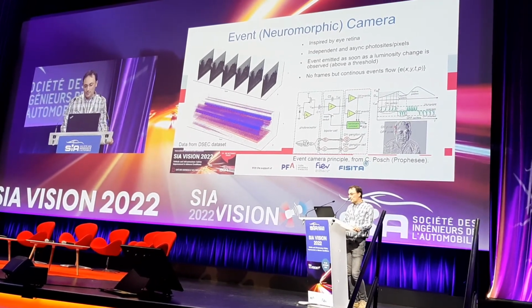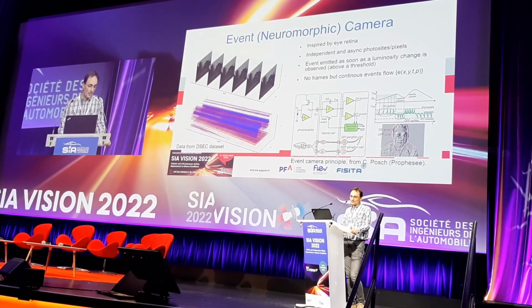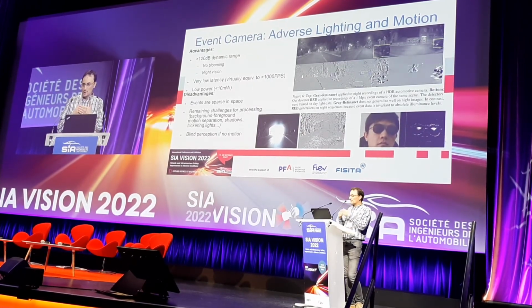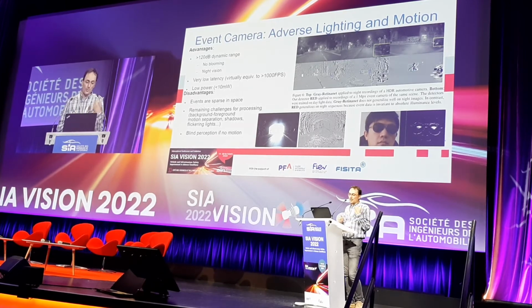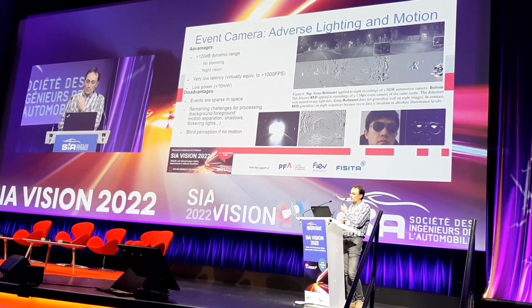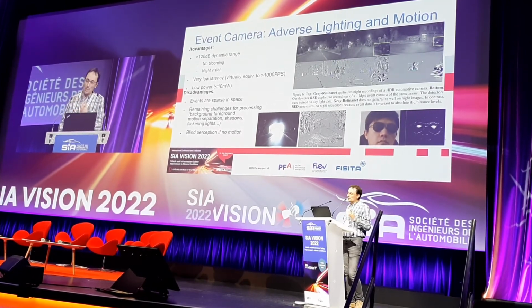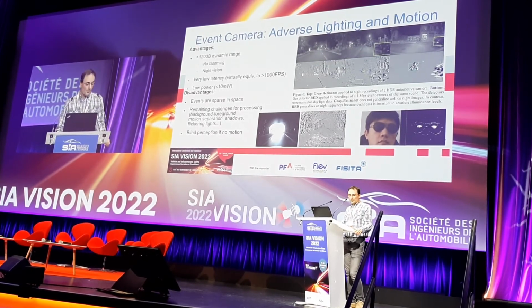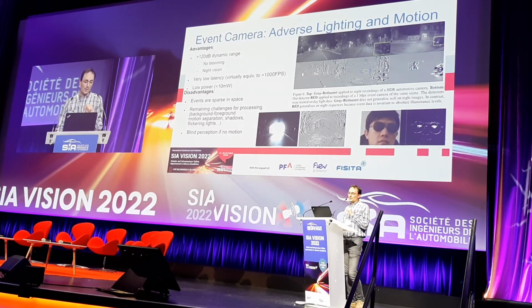So instead of having frames, you will have events. For illustration, we can accumulate the events to show a frame-like representation. Usually we see specifically the edges of the elements.